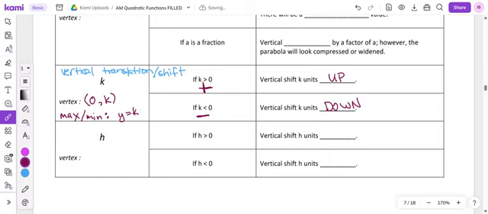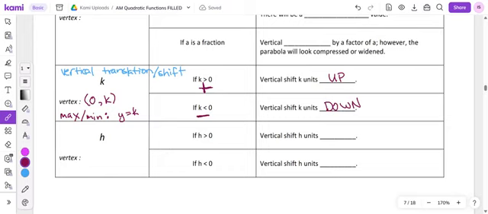It might be the min, might be the max, right? But that's the vertical piece. Exactly. The max and min happens at the vertex. But if I say what is the max min value, you need to know to use the y-intercept. Okay. So now let's do the other translation.